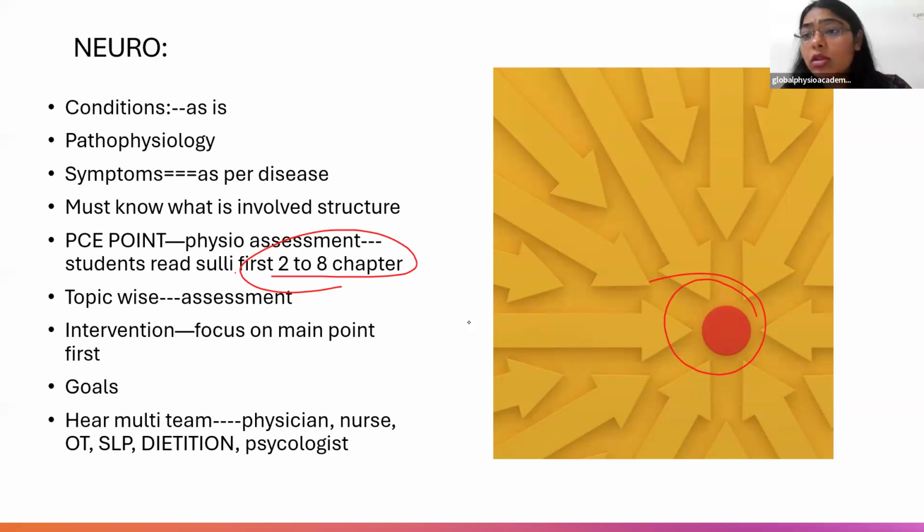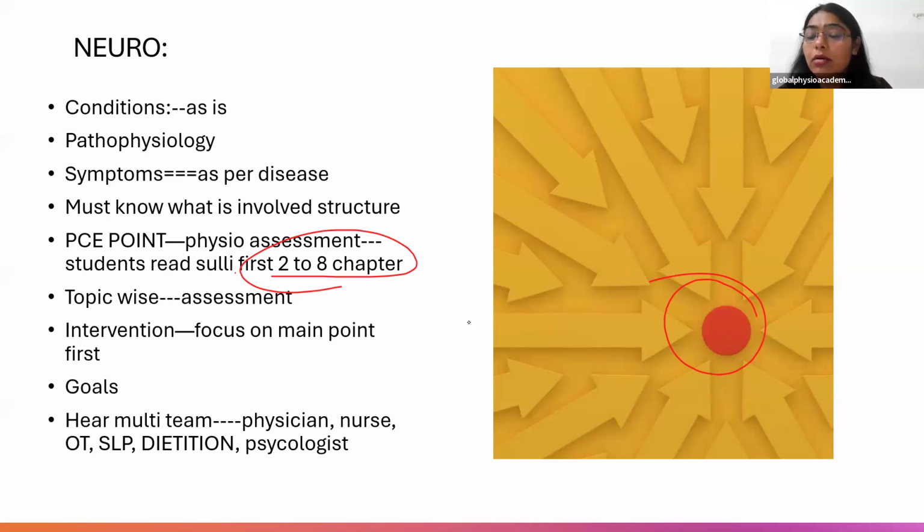Intervention, focus on the point. Now neuro is different from MSK. In neuro, sometimes the condition is deteriorating, sometimes the condition plateaus and then recovers. We don't know. GBS, an extreme ventilator patient, then able to walk and run. Spinal cord injury patient, the level never recovered.